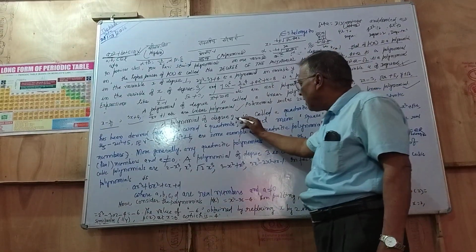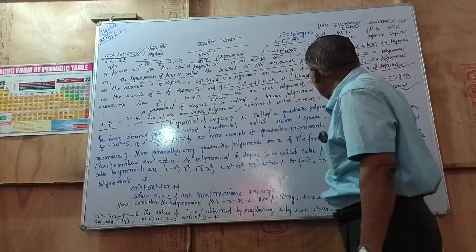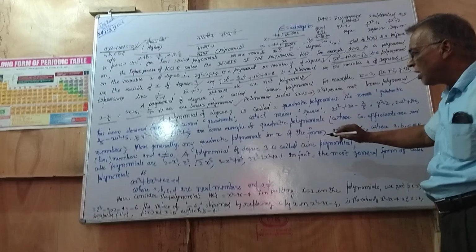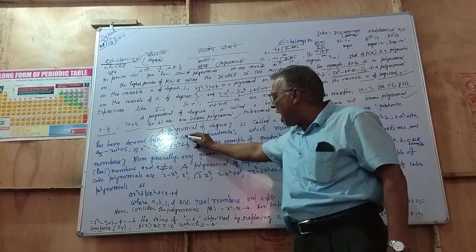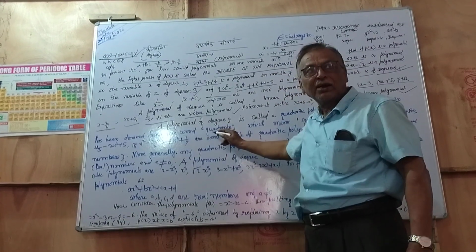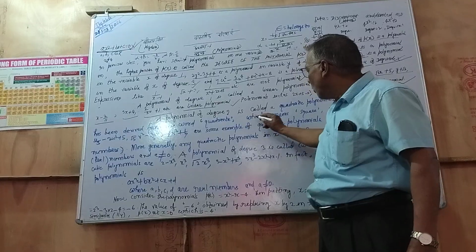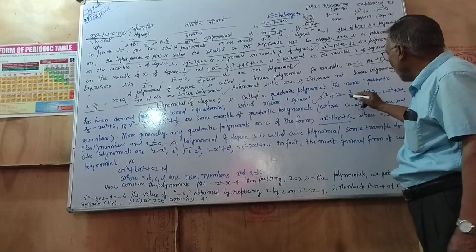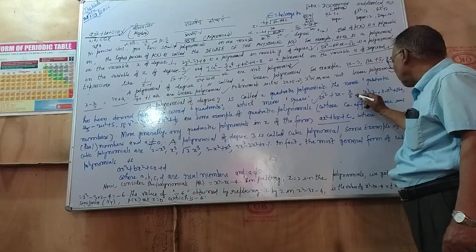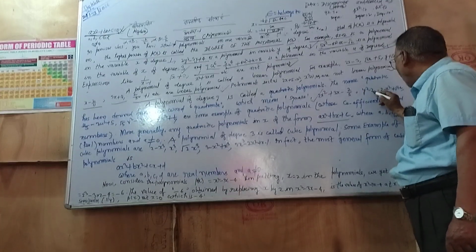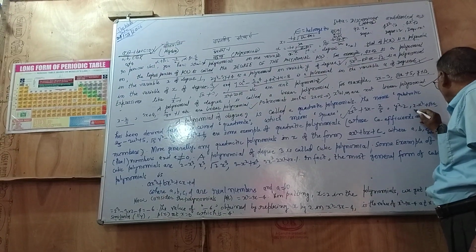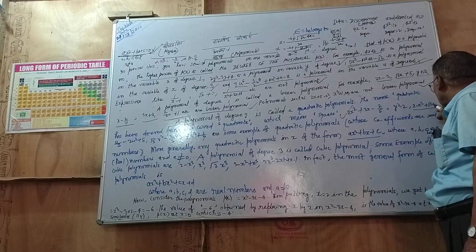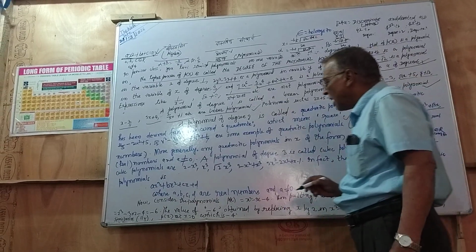A polynomial of degree 2 is called a quadratic polynomial. The name quadratic has been derived from the word quadrate, which means a square. For example, 2x square plus 3x minus 2 by 5, y square minus 2, minus x square plus root 3x.